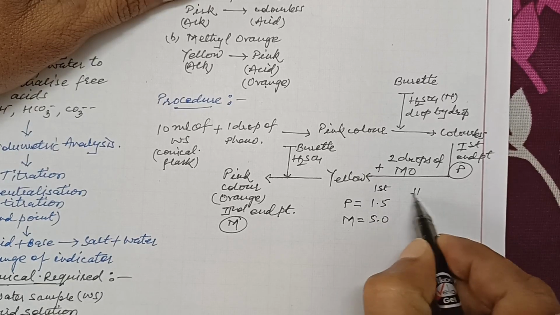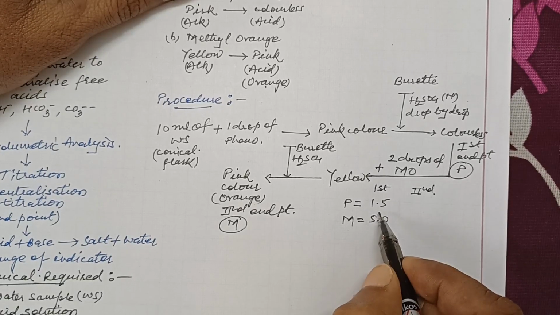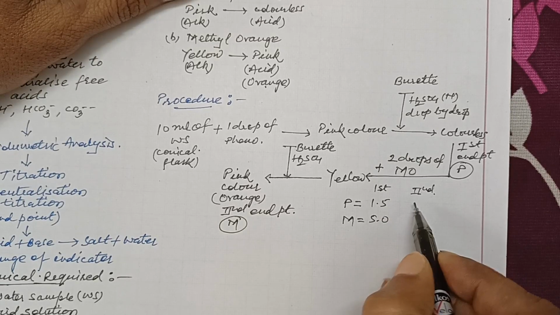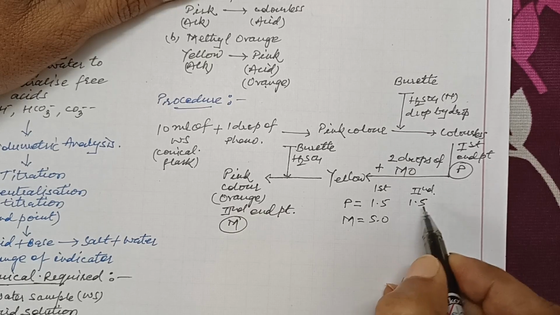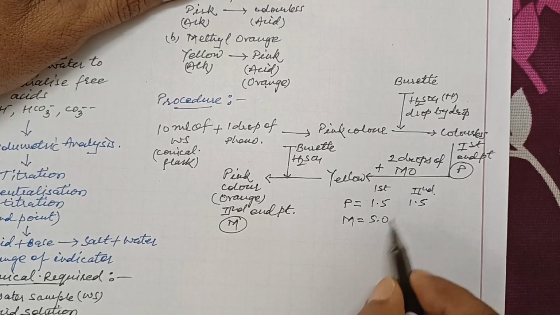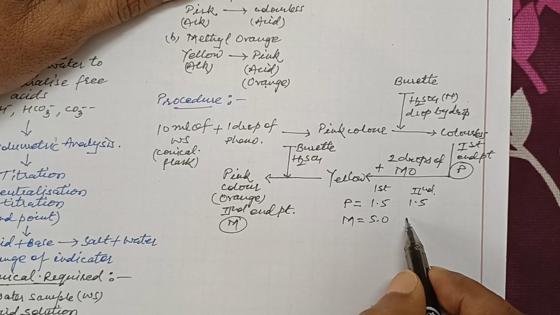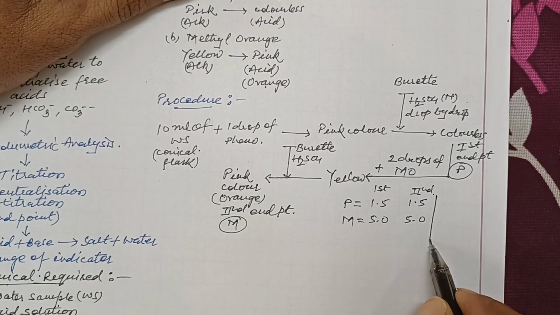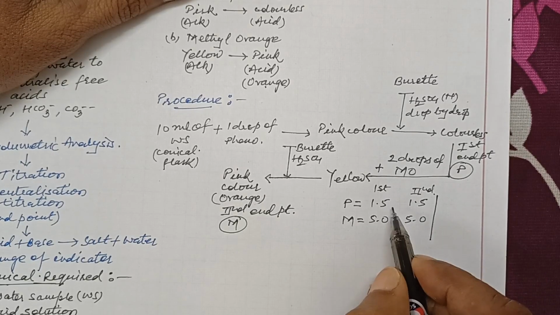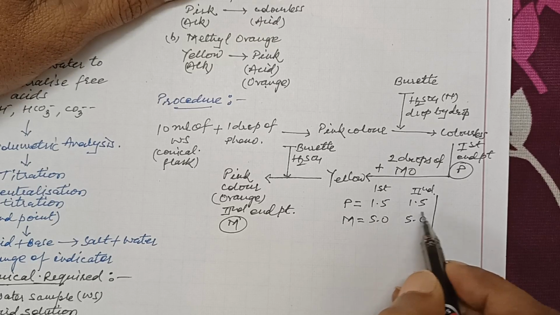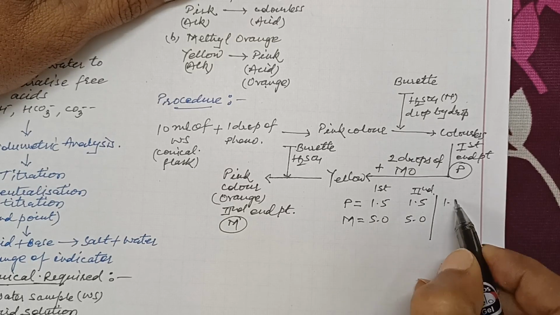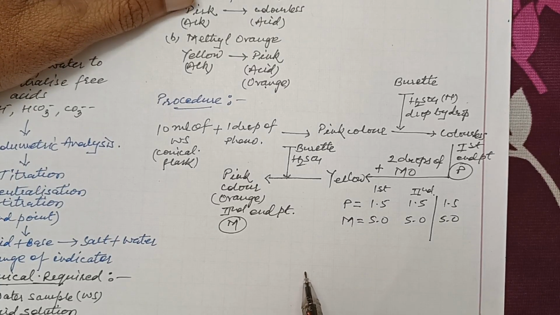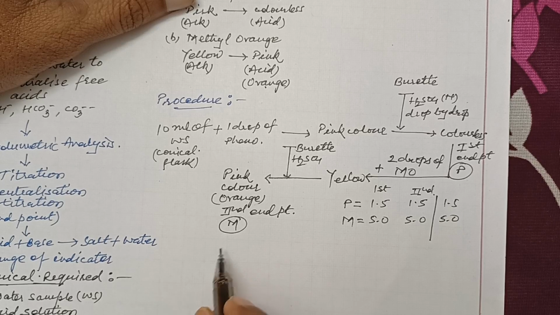Now in the second titration, you have to confirm these two readings. If you get 1.5 for the phenolphthalein endpoint once again and 5 for the methyl orange endpoint once again, it means that you have confirmed the two readings. So these readings can now be considered in our final calculation.